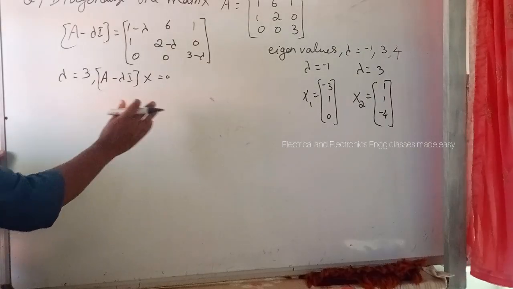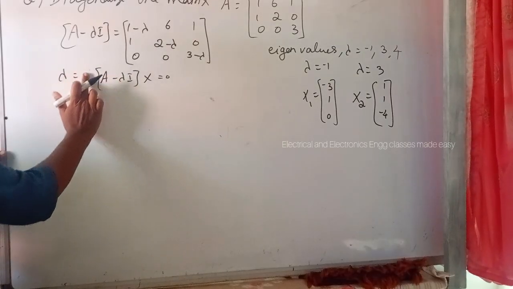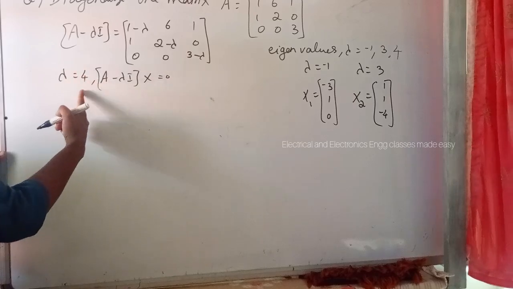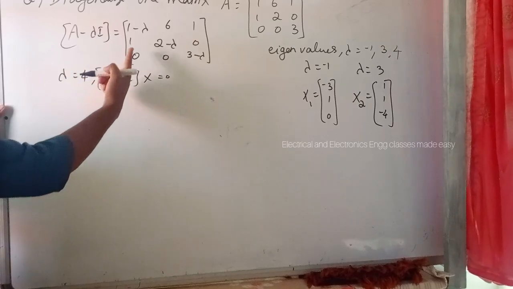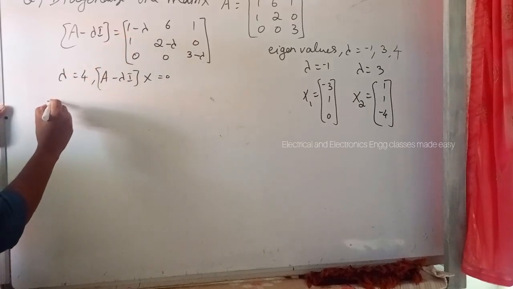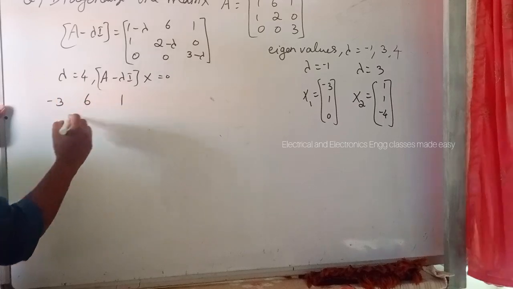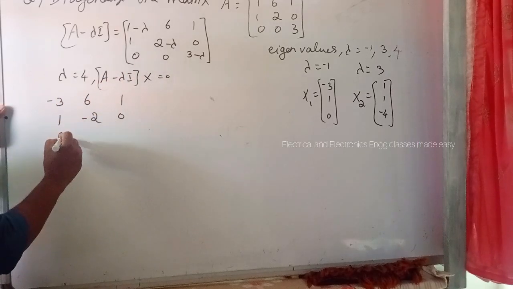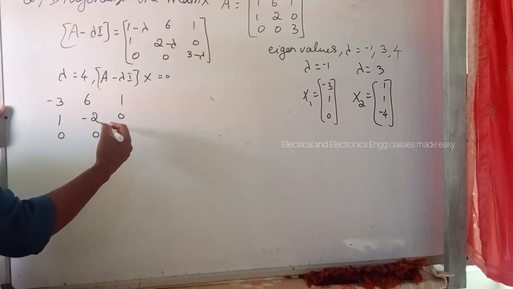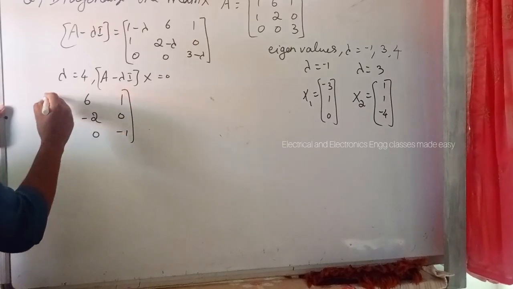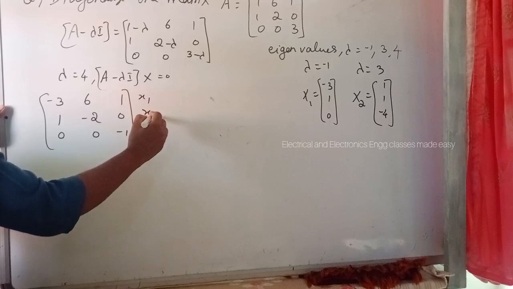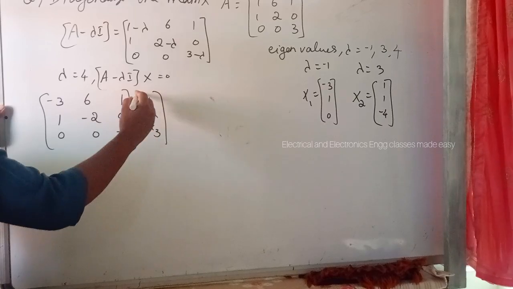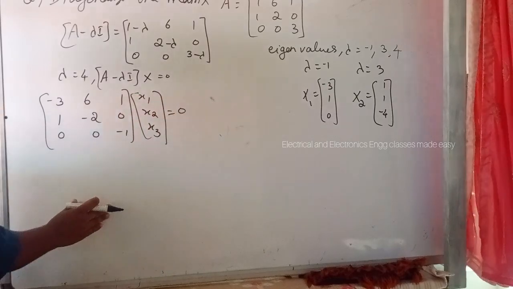Now let us find the eigenvector corresponding to lambda equal to 4. So when lambda equals 4, this will be (1 minus 4, that is minus 3), 6, 1; 1, (2 minus 4 is minus 2), 0; 0, 0, (3 minus 4, minus 1), into x1, x2, x3 equal to 0.